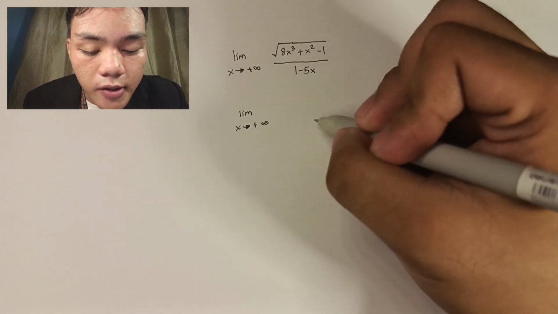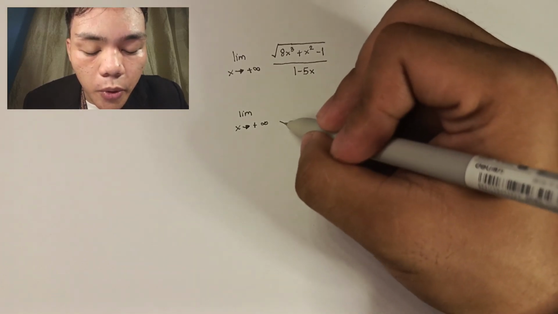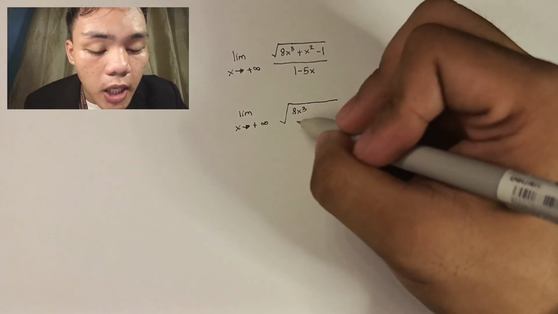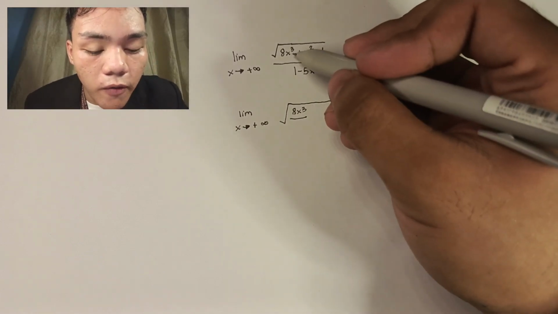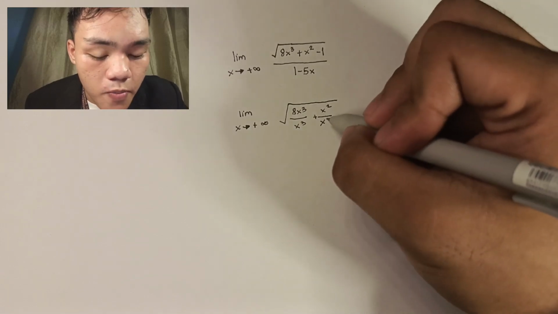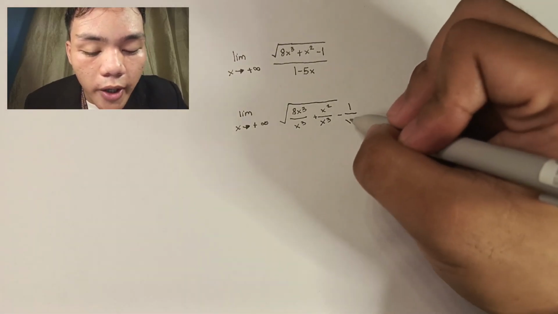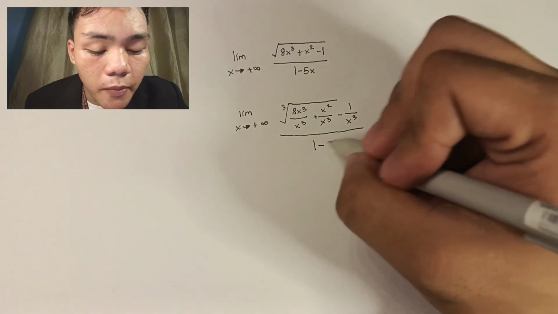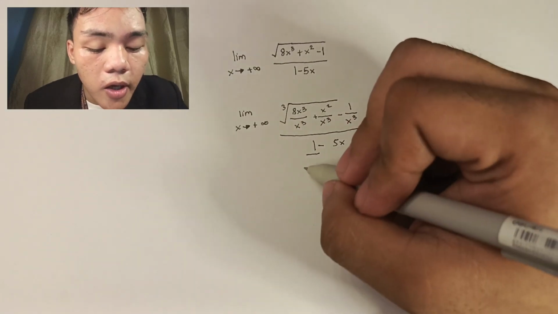So we'll rewrite this as the cube root of 8x cubed over x cubed plus x squared over x cubed minus 1 over x cubed, over 1 over the cube root of x cubed minus 5x over the cube root of x cubed.